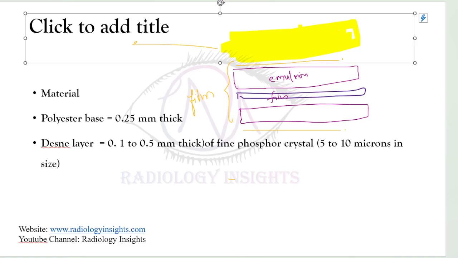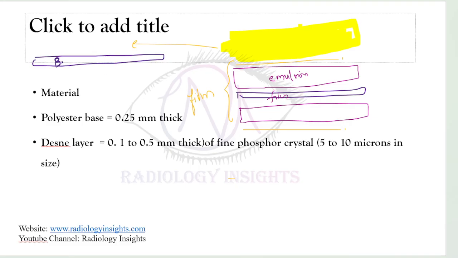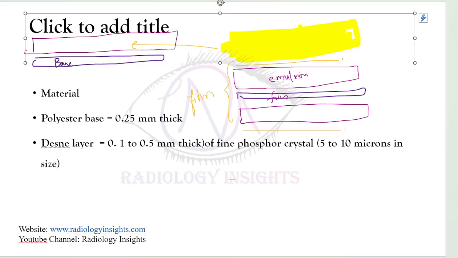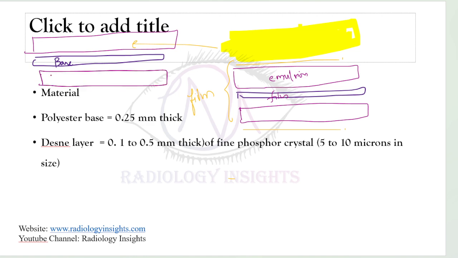If I draw this here, the intensifying screen will have a thin layer of polyester base, and on either side there is a dense layer which consists of fine phosphor crystals, 5 to 10 microns in size, bound by a transparent resin.